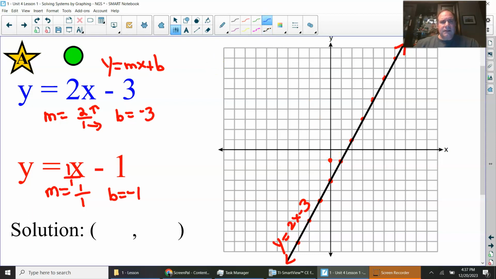It's right here, and I would like blue. And then you rise 1. You run 1. And just like this, you're in the corners of each box. 1 is the easiest line to graph. It's in the corner of each box, just like that.